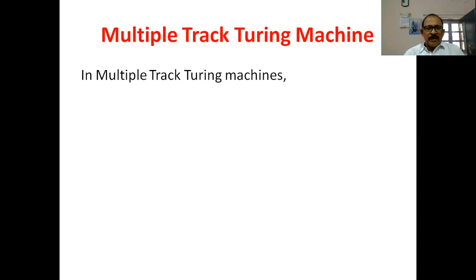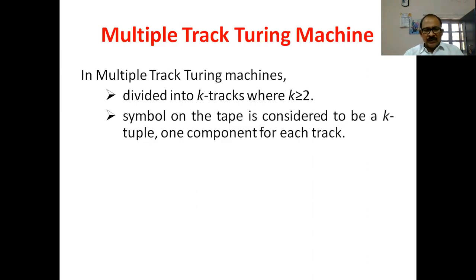Let us see the next, multiple track Turing machine. In multiple track Turing machine, the tape is divided into k tracks, where k is greater than or equal to 2. Symbol on the tape is considered to be a k-tuple.